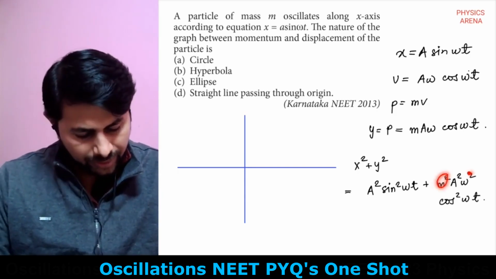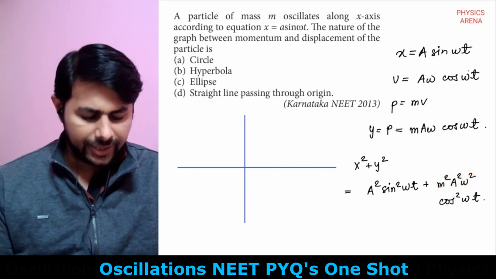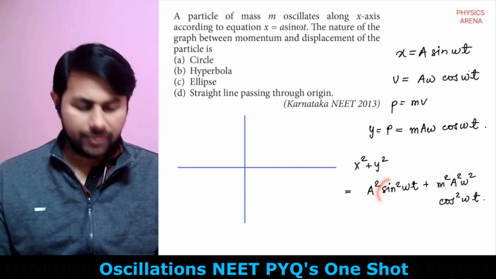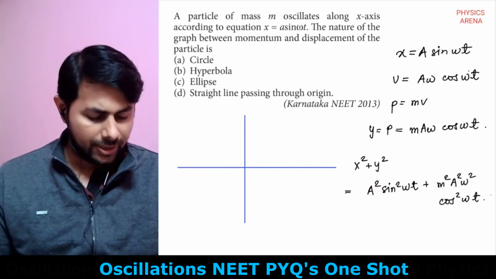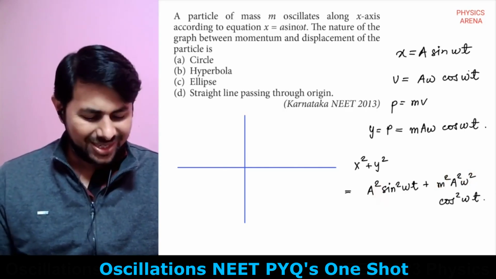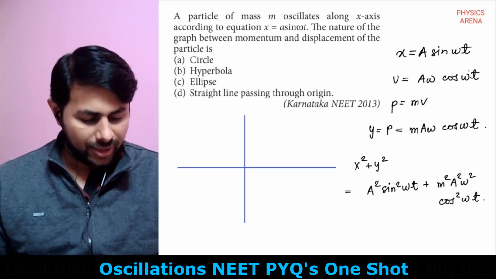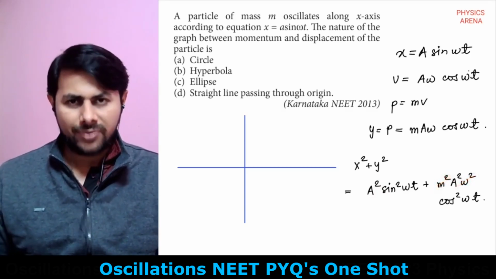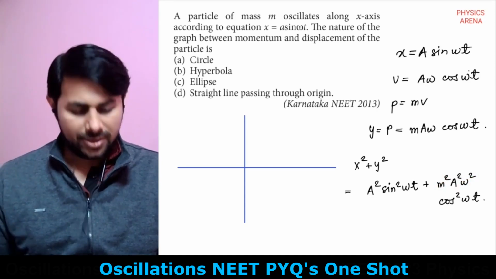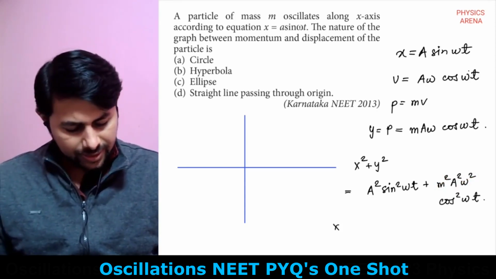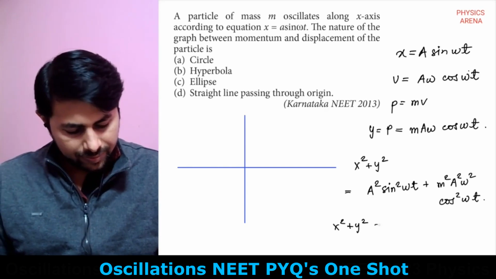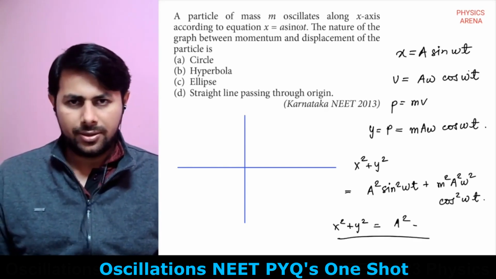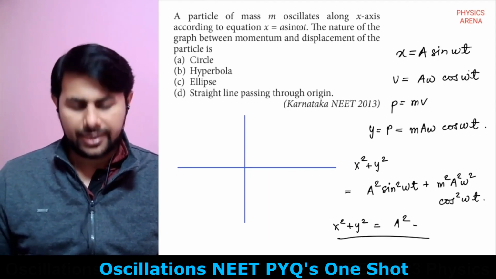So if m and omega is equal to 1, you can take a square common, then it will be sine square omega t plus cos square omega t, that's 1. So if m and omega are 1, then it would be a circle, because this is the equation of a circle. But right now it's not the case.